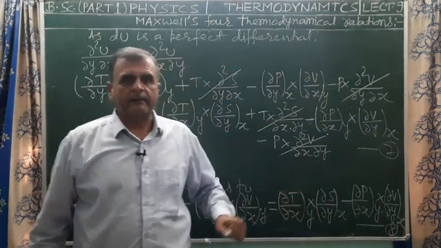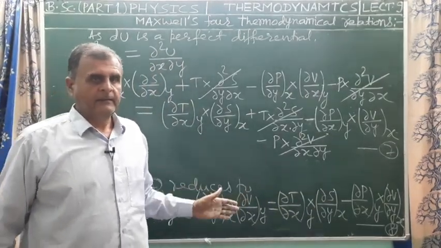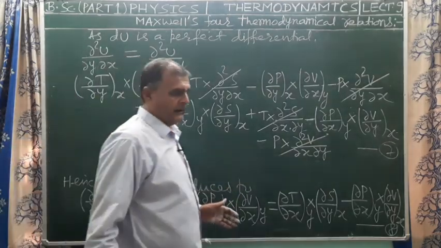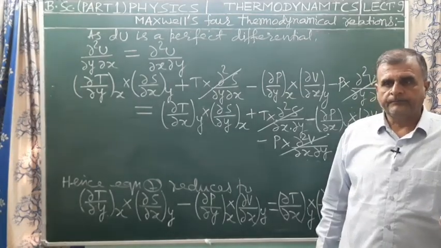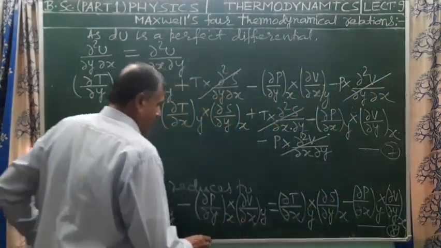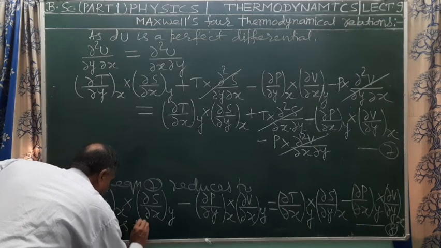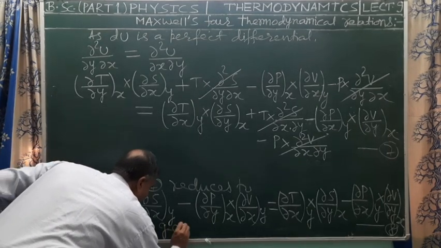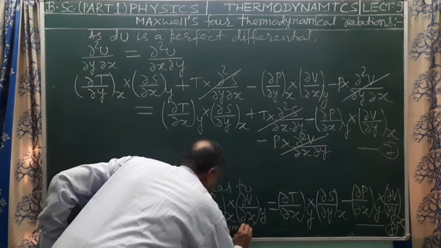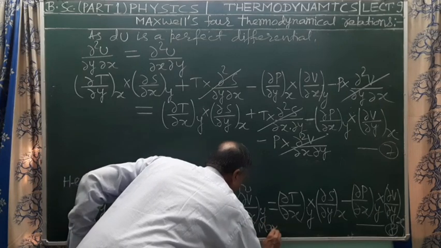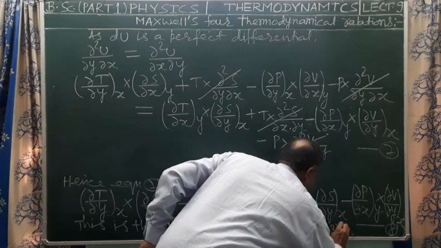It is the general relation. It is the general Maxwell thermodynamical relation. So equation 8 is the general form of Maxwell's thermodynamic relation. Write down equation 8: this is the general form of Maxwell's thermodynamical relation.